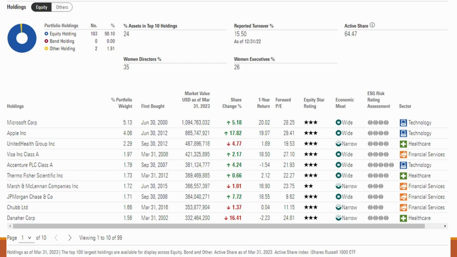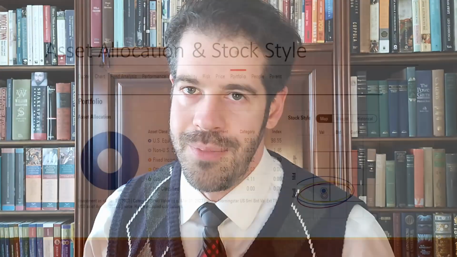And we can scroll through the pages and see what all these are. But as you can see, it's a mix of different types of companies. All of these, though, are names that, if you haven't heard, it's likely that you've at least heard of some of them. This is going to be different than if we look at a small cap mutual fund.